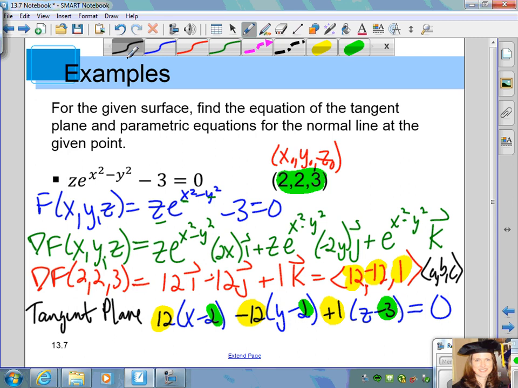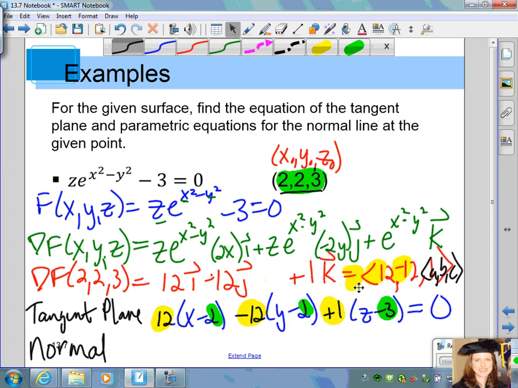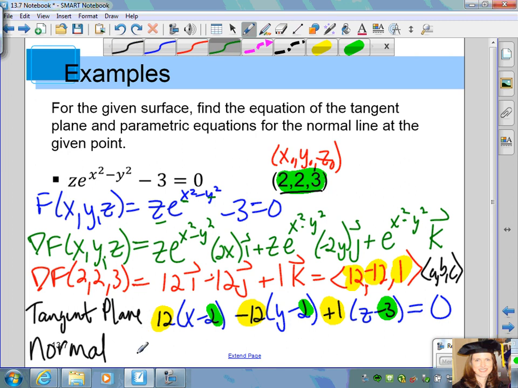I'm going to move on to find the parametric equations for the normal line. Again, to find the normal line, you need a point and you need that parallel vector. We're going to use the same point and the same parallel vector we used to find the equation of the tangent plane. I'm sorry, the parametric equations for the normal line.